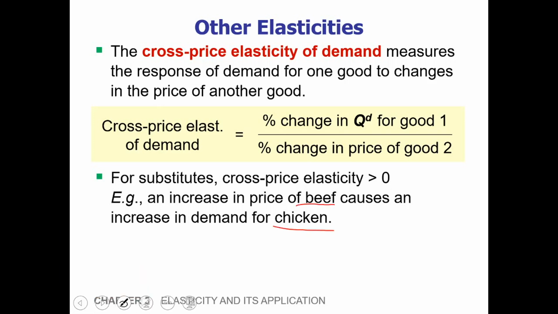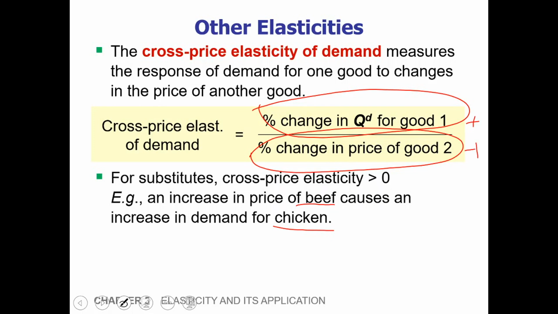So for substitutes, cross price elasticity is greater than 0, which simply means that this thing will be positive as well as this thing. So these two things, the percentage change in quantity demanded for good 1 and percentage change in price of good 2, will move together. For example, in the case of beef, if the price of beef increases, it will result in an increase in demand for chicken.